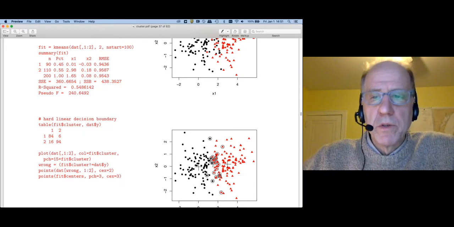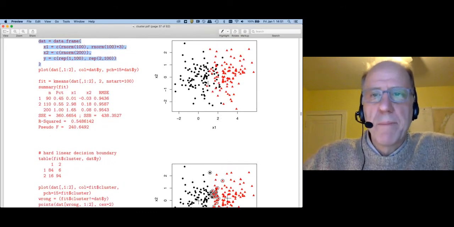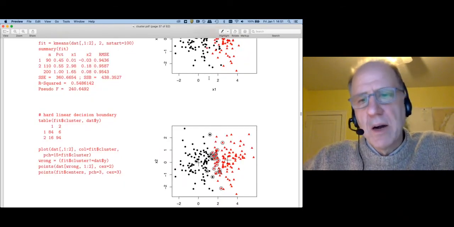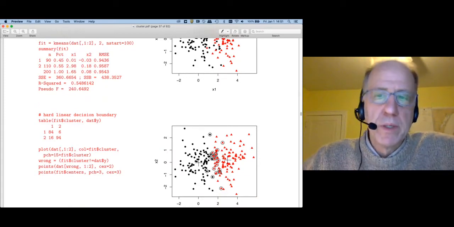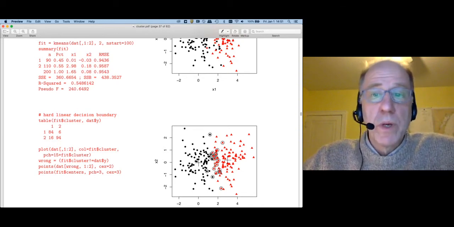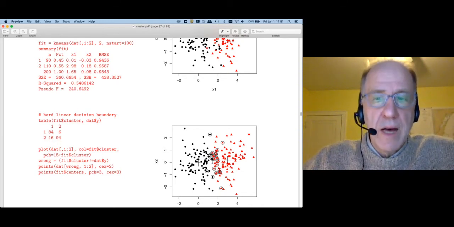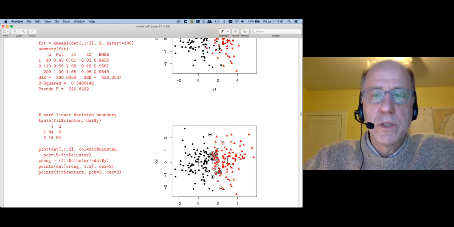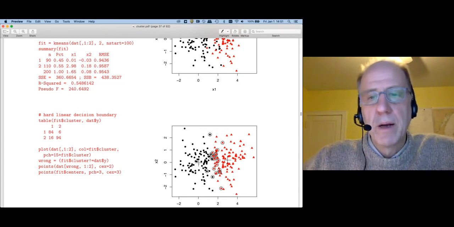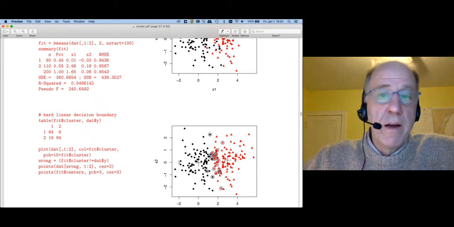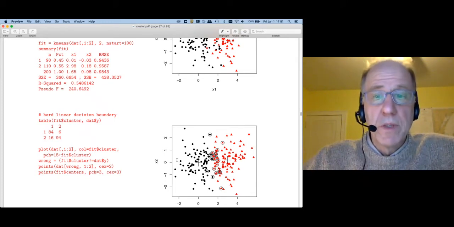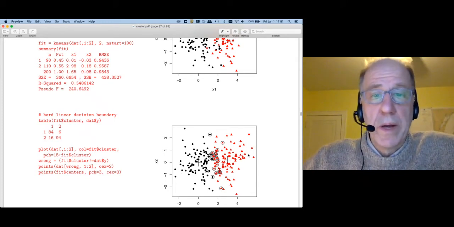You're not going to be able to do much about those overlapping cases. When we get to Gaussian mixtures, we're going to be able to assign a probability and say that all these observations along the border are really hard to classify, and there's a lot of uncertainty with them. They could just as easily come from the red or the black, whereas these observations off to the right or left have very little uncertainty with them. These are definitely black and these are definitely red.